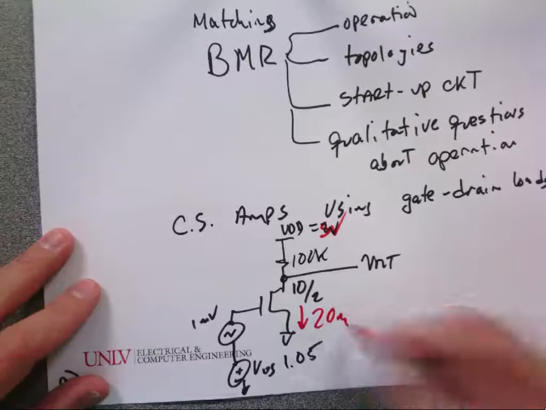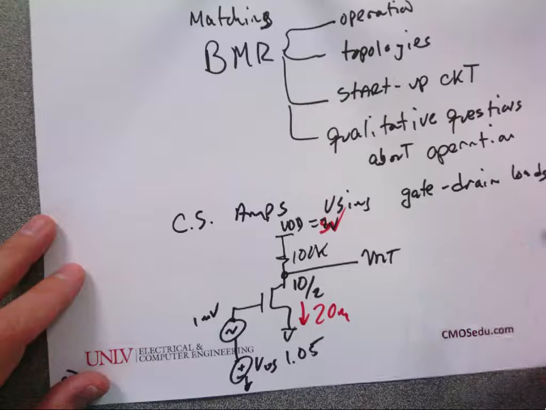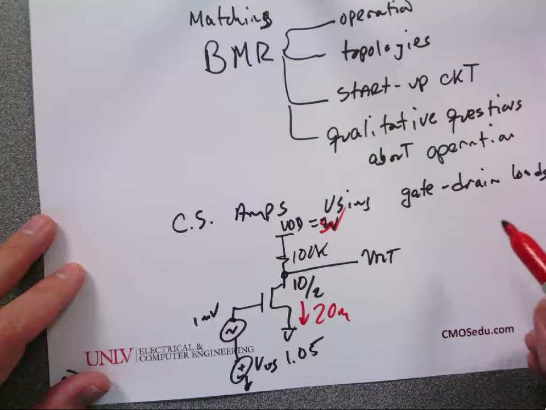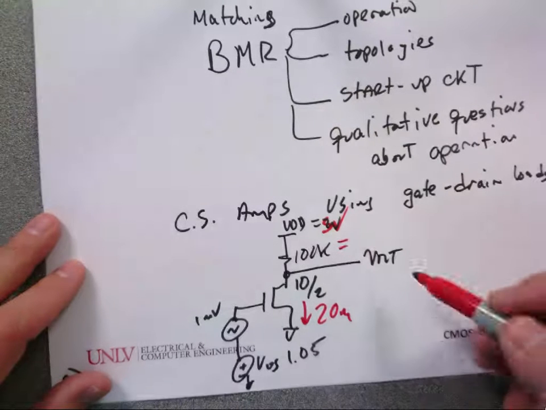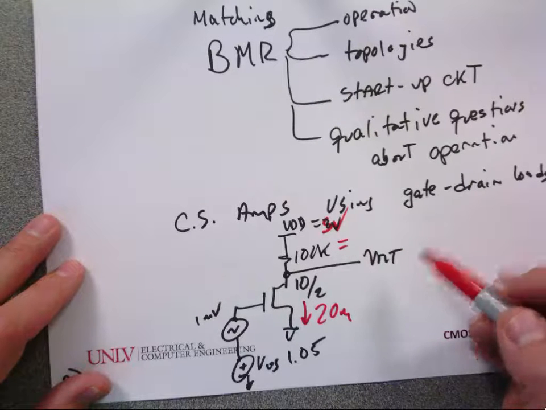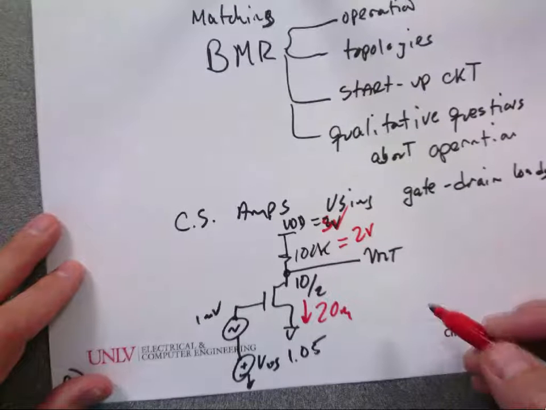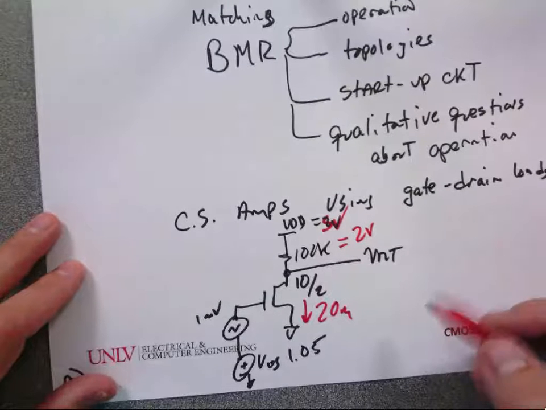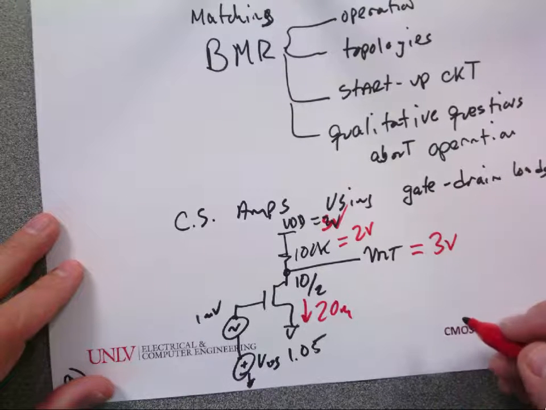20 micro. So what's the voltage drop across 100K? What is the voltage drop? 2 volts. So what's the DC output voltage? 3 volts.